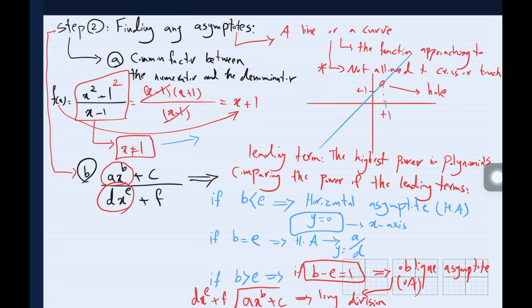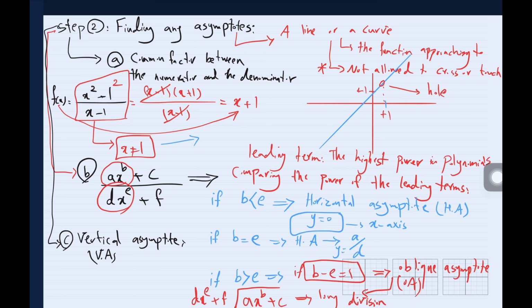And also I have to check another possible asymptote. So I call this part C. Part C is going to be any possible vertical asymptote, which is VA. And what would be a vertical asymptote?